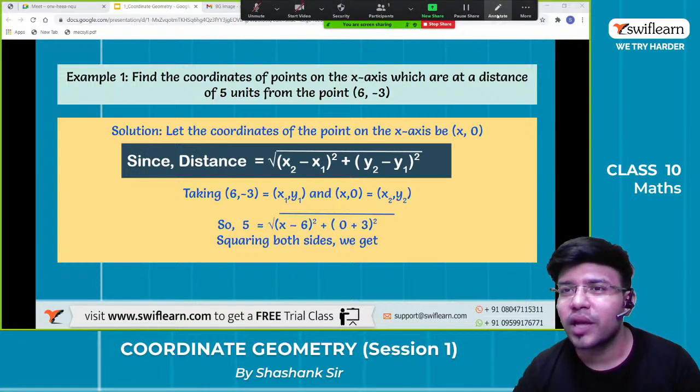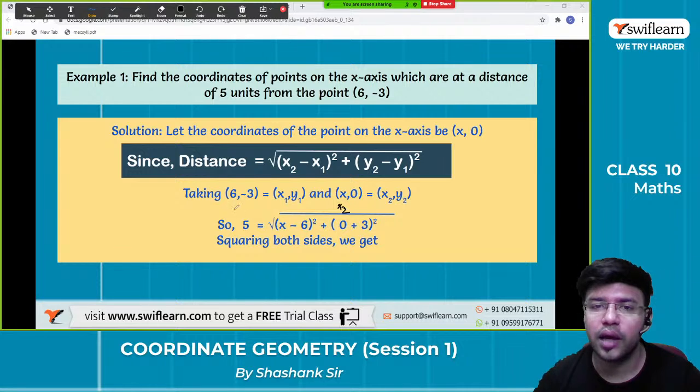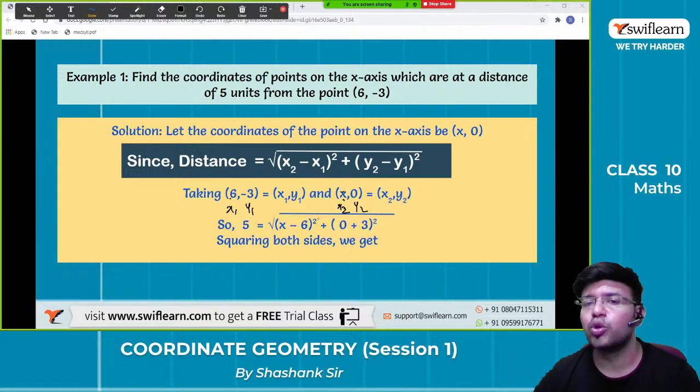This is x2, this is x1, this is y2, this is y1. So x2 minus x1 square is (x minus 6) whole square, plus (y2 is 0 minus y1) square.